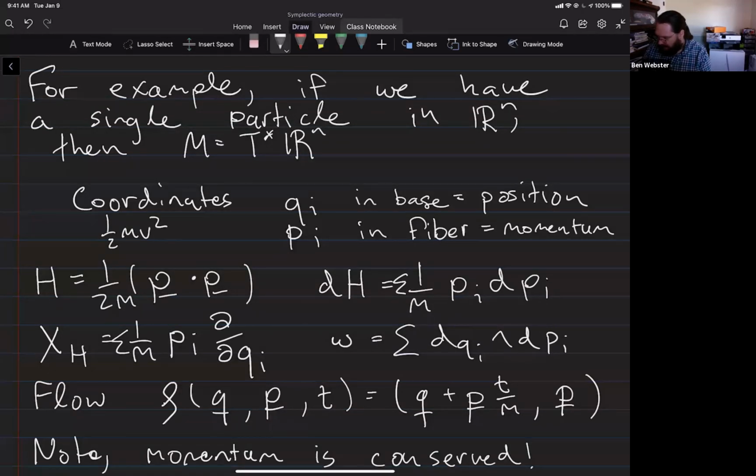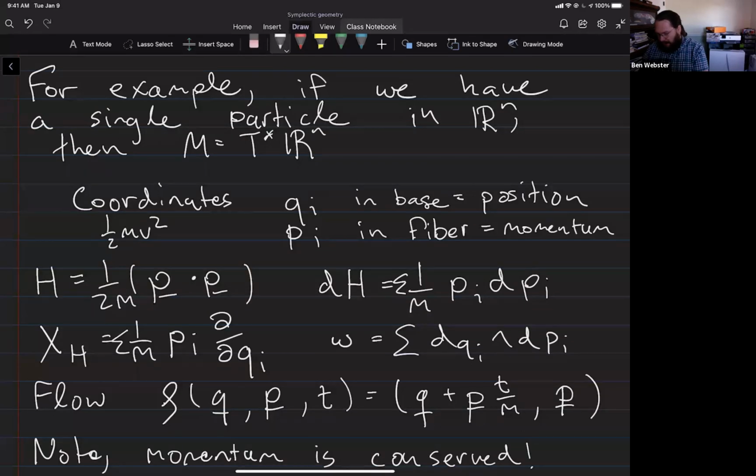The differential of that is 1/m times pi dpi. And so when I turn that into a Hamiltonian vector field using the symplectic form, I have to have a vector field such that when it eats the symplectic form, the one form it spits out is the sum of pi dpi.